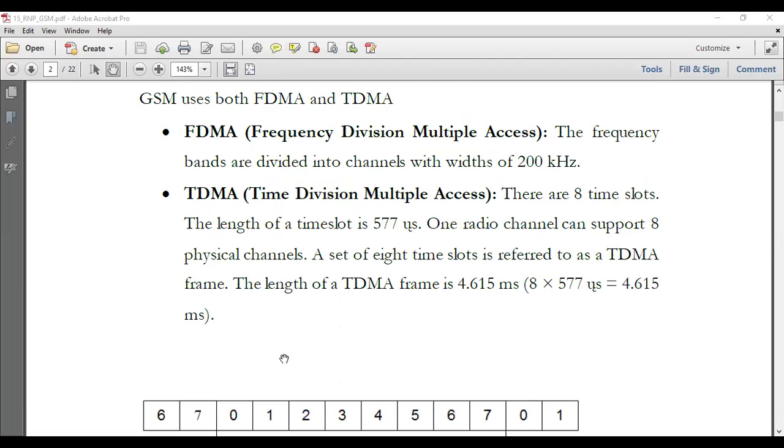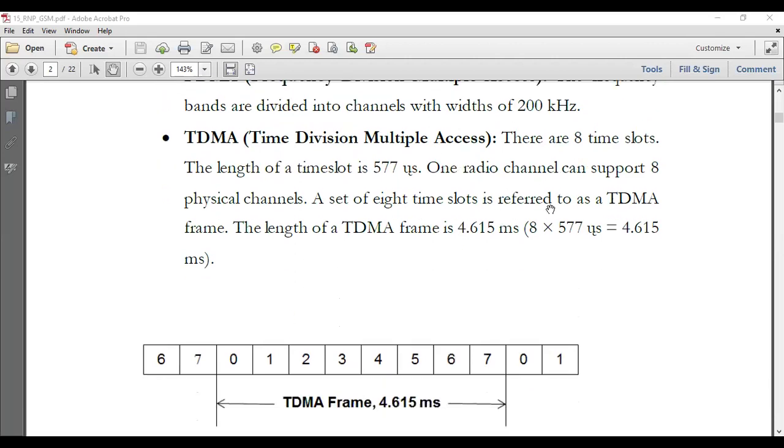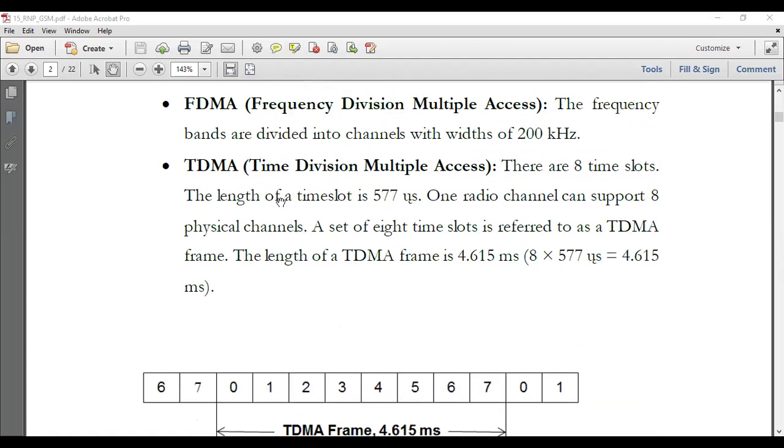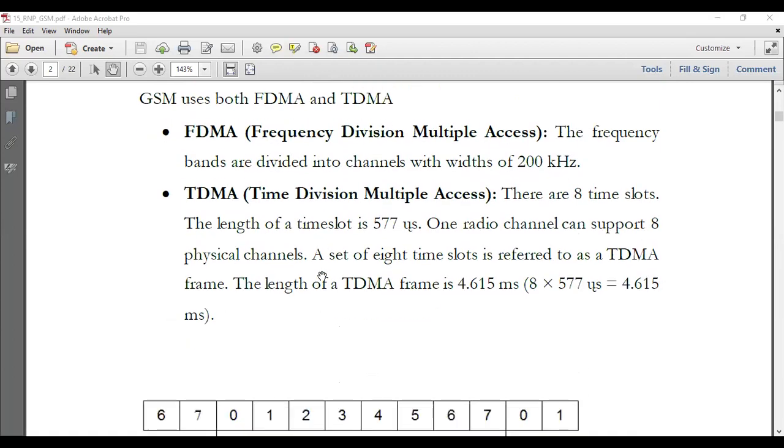So if you have 1 megahertz, you have 5 chunks, but 5 times 8, 40 people will be able to actually use this resource. So 40 voice calls will be possible. And so it's a combination of FDMA, TDMA.